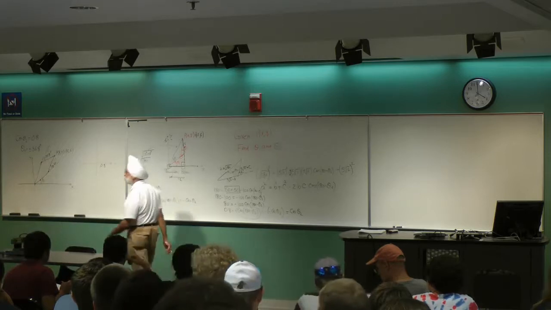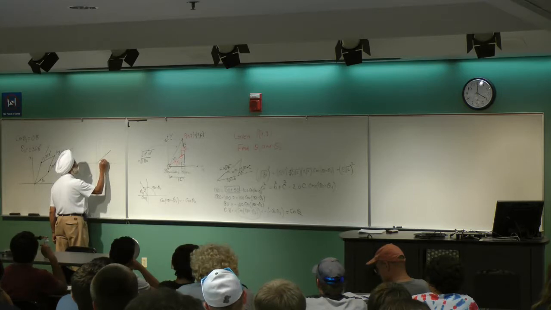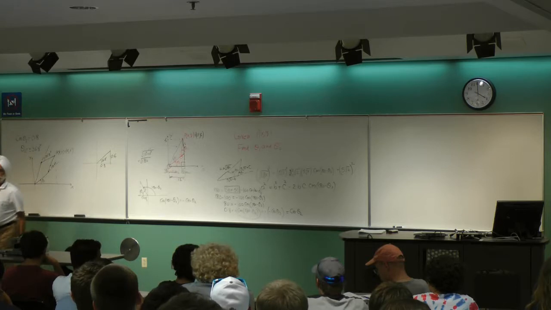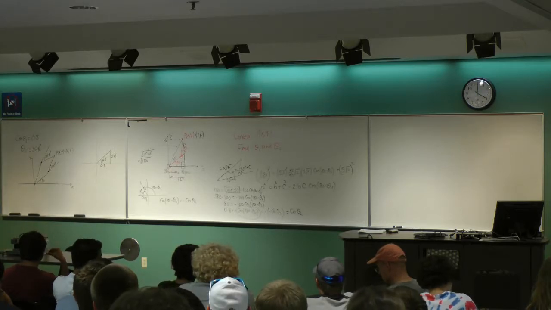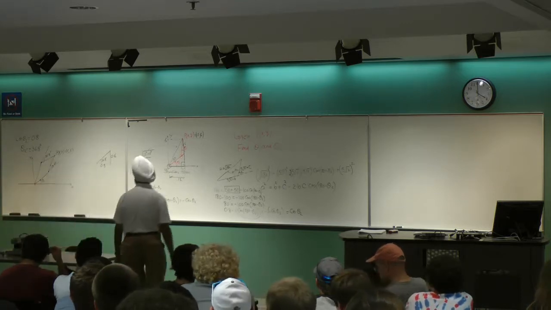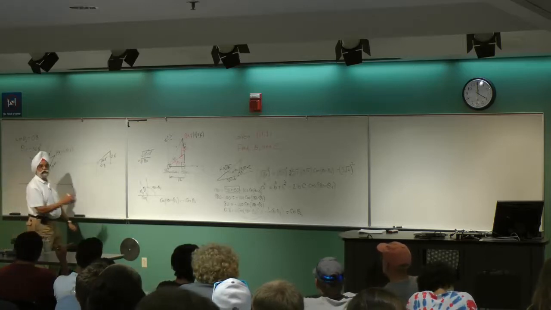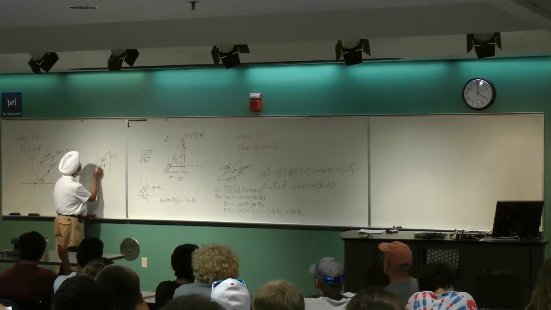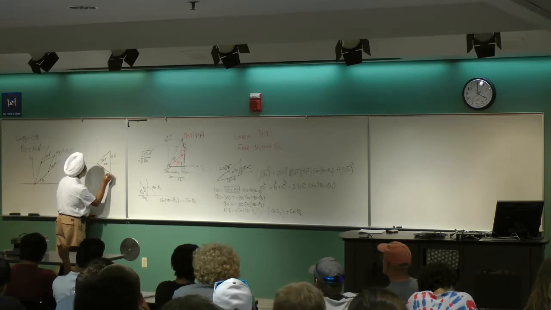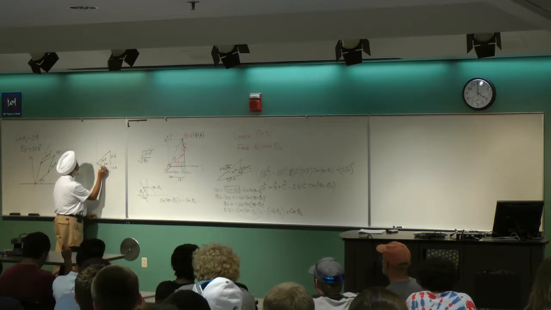On this side this will be 0.6. If you have 0.8 and 0.6, that will give you an angle of 36.8 degrees, using arctangent. The other one is minus 0.6, and that's minus 36.8 degrees.